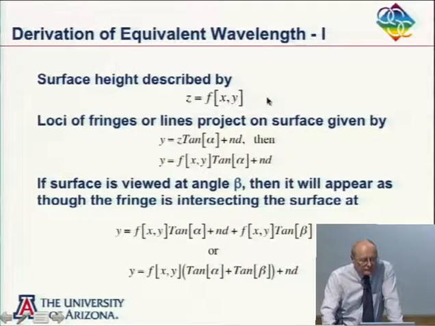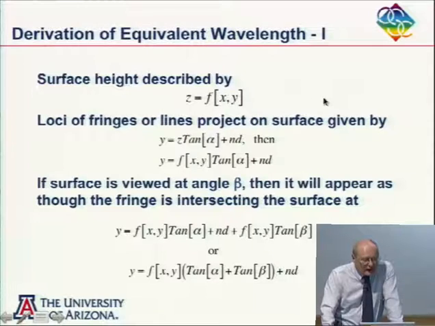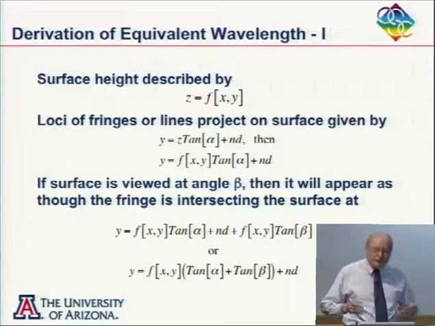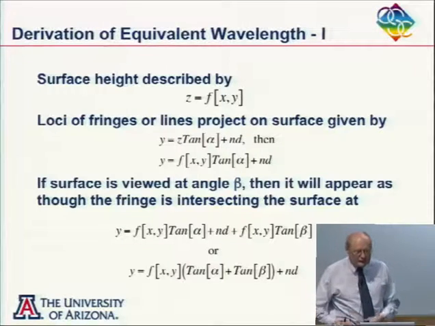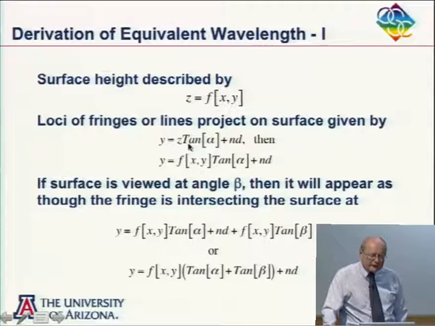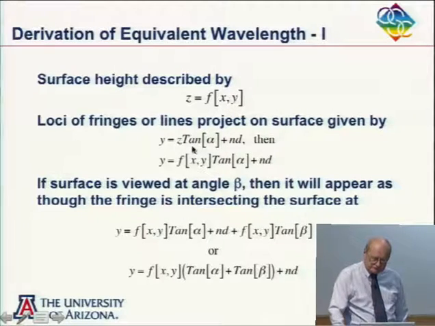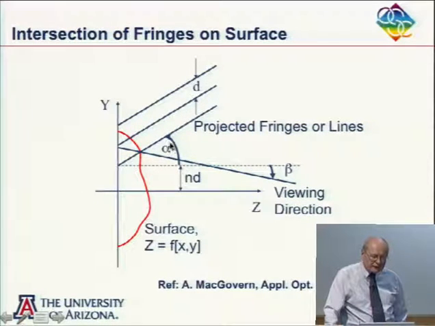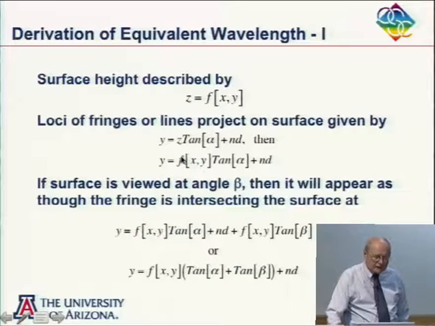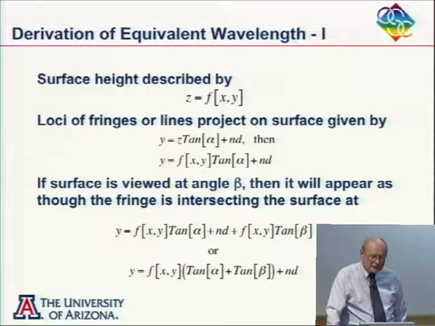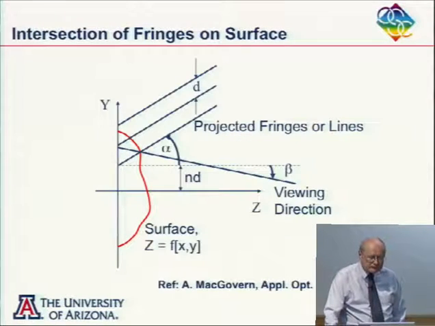Okay, so let's say the surface is z equals f of x and y. And we're projecting these lines on this surface, and a straight line is y equals mx plus b. Well, I'm really talking about z in this direction, so the x is a z here. m is the slope, and so it's z tangent alpha, so that's mx, plus b.